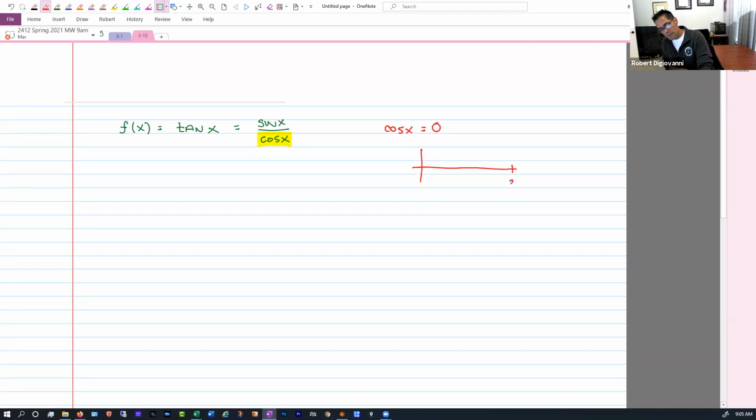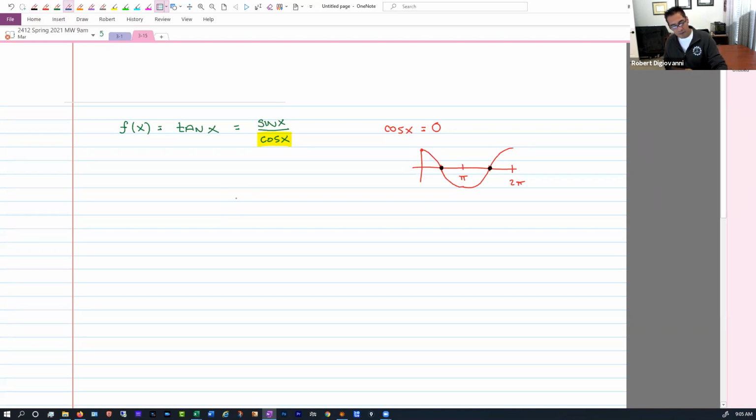We know that the basic cosine graph has these important points. It starts up here, goes down like this, comes back up. So anywhere that we have an x-intercept, that would be here at pi over 2, here at 3 pi over 2, we should have a problem with the tangent function.